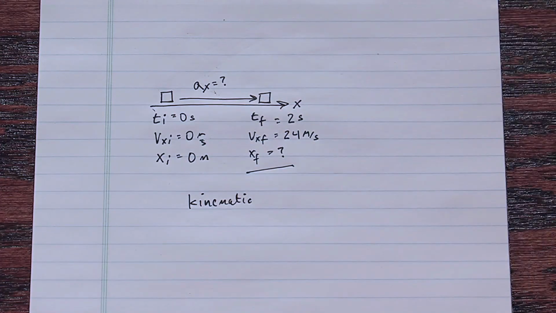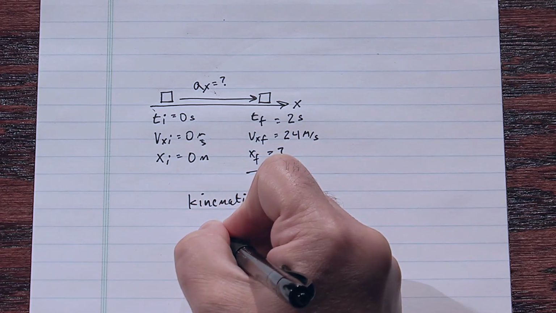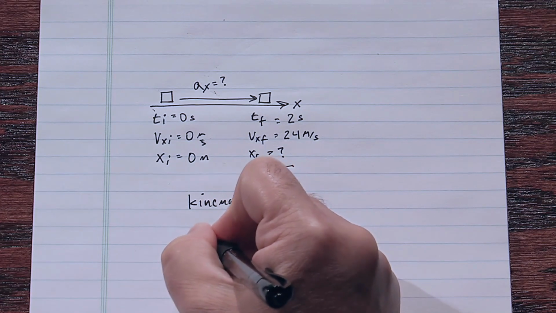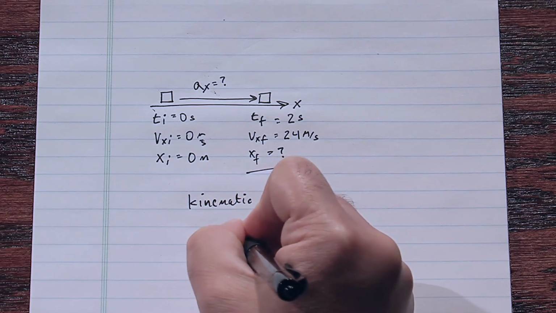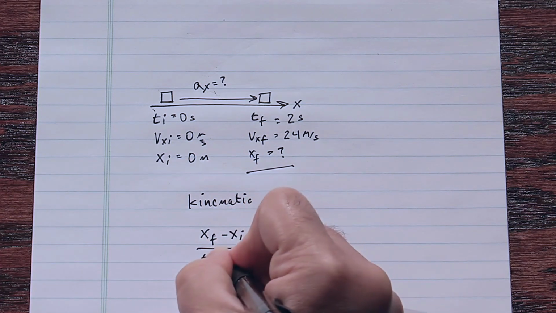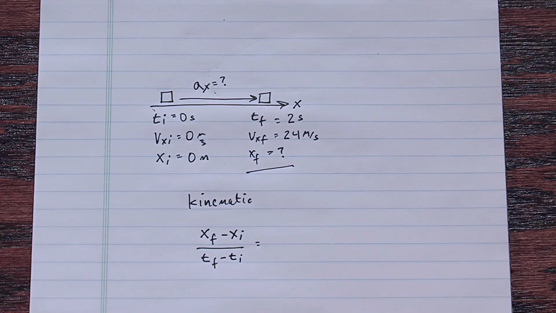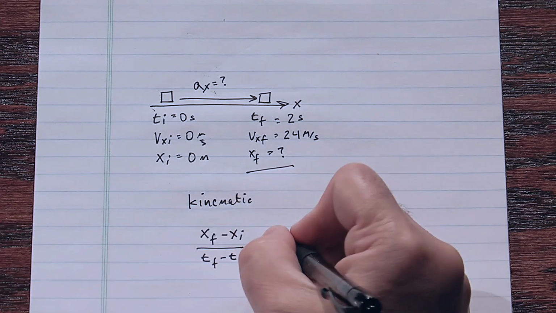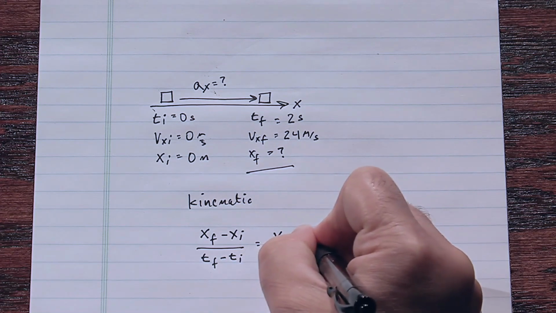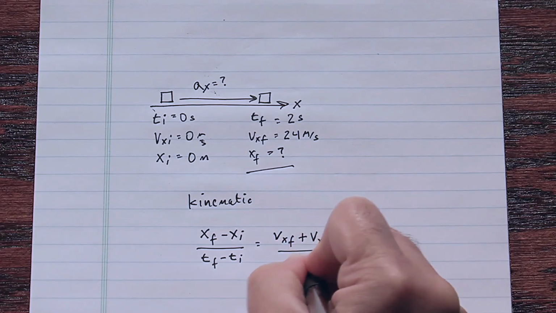And that equation is that the change in position divided by the change in time, or x final minus x initial over t final minus t initial, is equal to the average velocity, or Vx final plus Vx initial over 2.